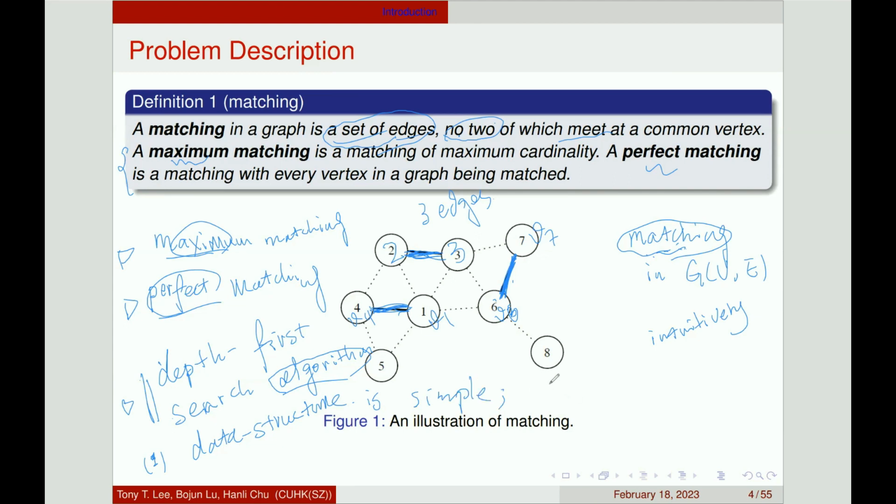Okay, and then again, the data structure is simple. We first highlight a little bit here: we only have 2 linear stacks, or we could say arrays, to store the full information in the searching process.